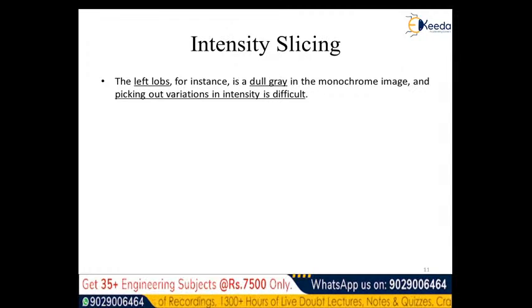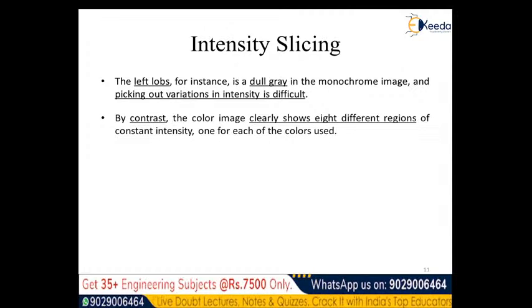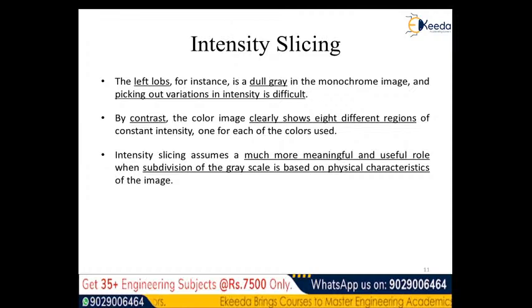By contrast, the color image clearly shows the 8 different regions of constant intensity, with one of each of the colors used here. Intensity slicing assumes a much more meaningful and useful role when the subdivision of the grayscale is based on the physical characteristics of the image. So this information you can add if you have it to be described in your examination.